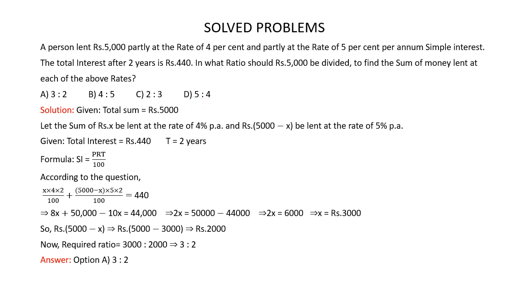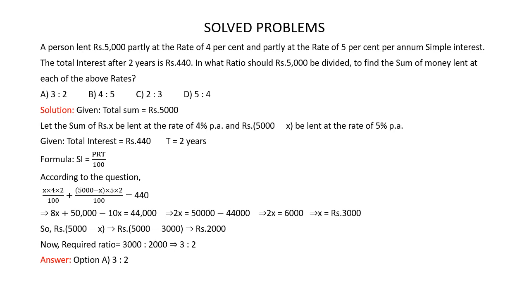So here it's given that a person lent rupees 5,000 partly at the rate of 4% per annum and partly at the rate of 5% per annum simple interest. So the total sum is rupees 5,000. Now we do not know what is the sum lent out at 4% per annum and what is the sum lent out at 5% per annum.